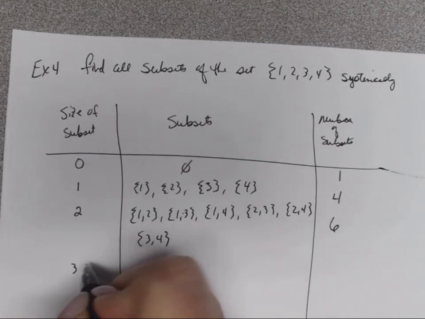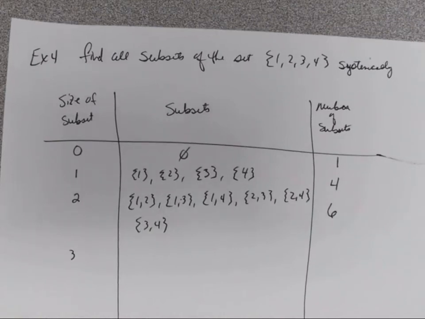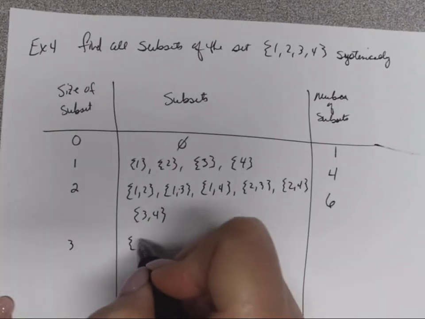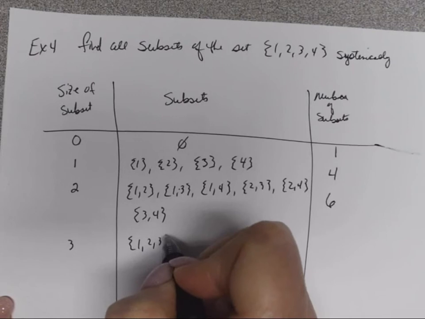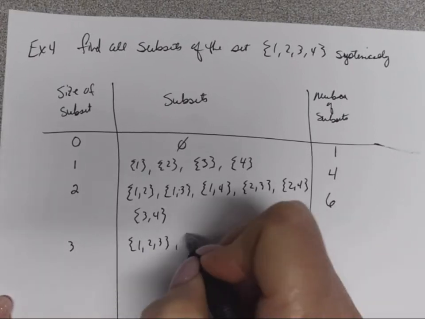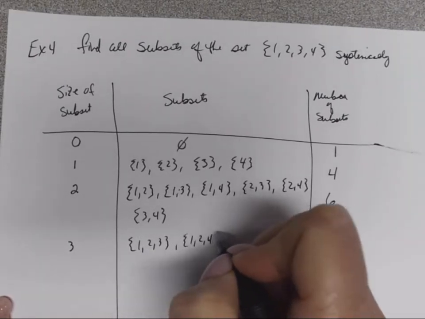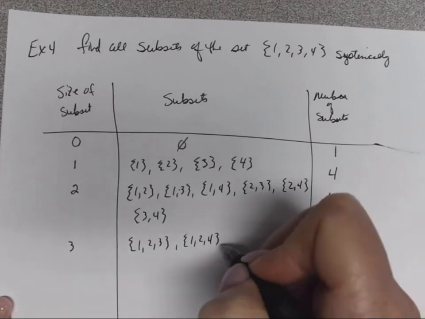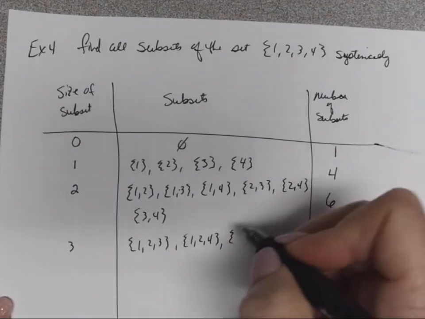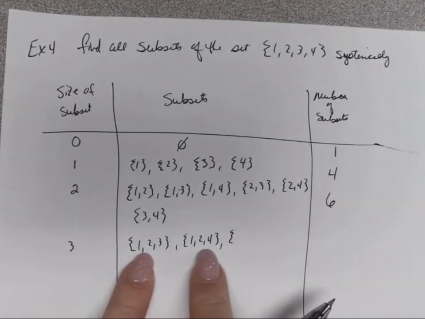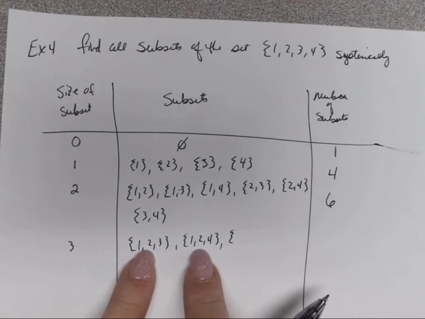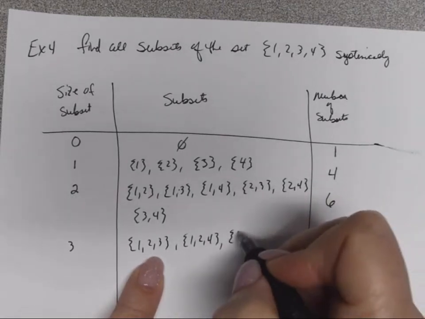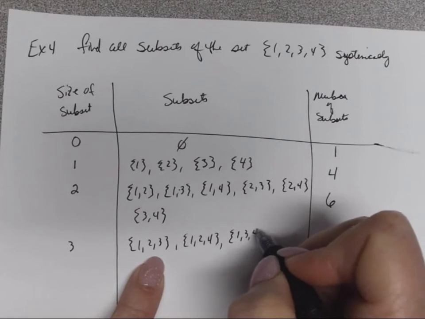All right, let's go do the subsets that have 3 elements. So we have 1, 2, and 3, 1, 2, and 4. That's done all of my 1, 2s. So now let's do the 1, 3. So 1, 3, and 4.